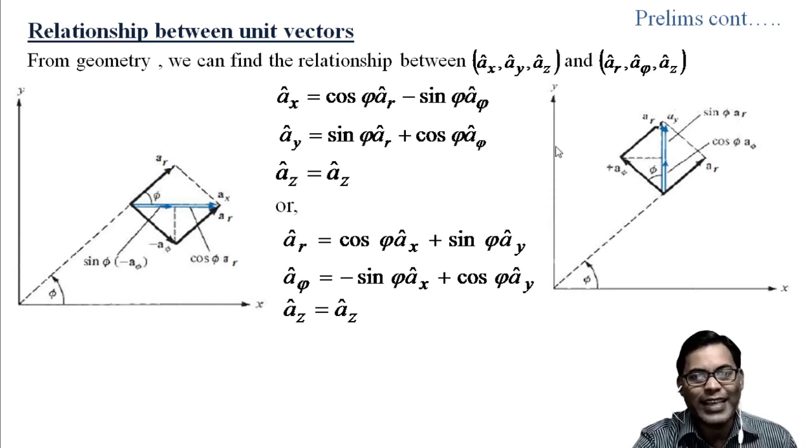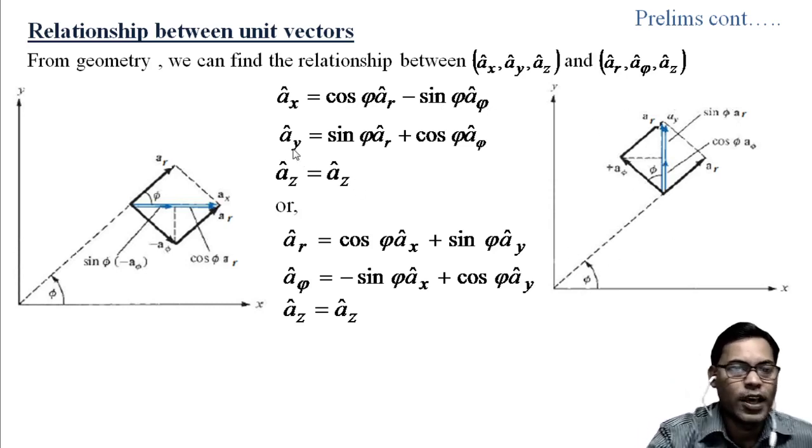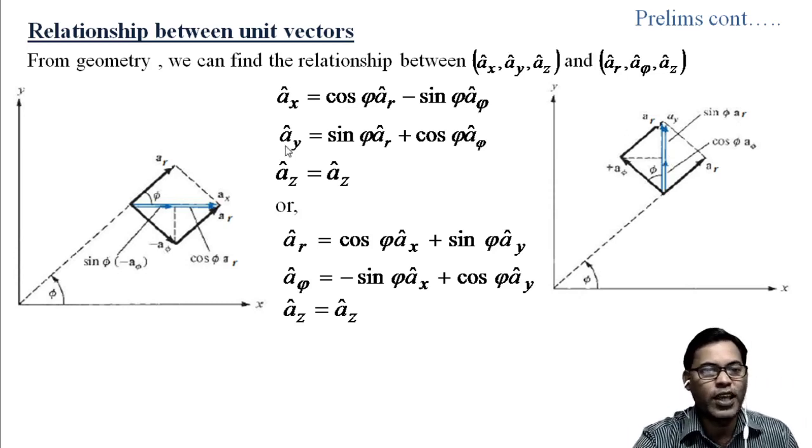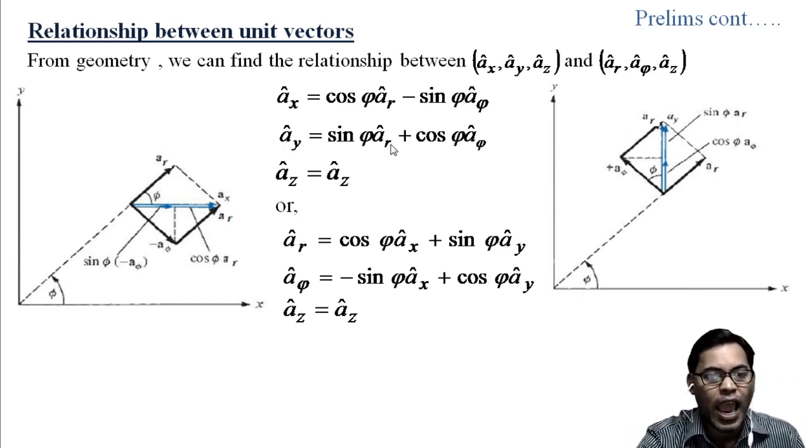Similarly, from the second diagram we can find the relationship between ay and ar, aφ. You see that this is the ay unit vector along the y direction. This blue line that we have drawn here is representing the unit vector ay.